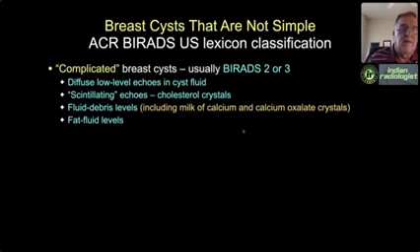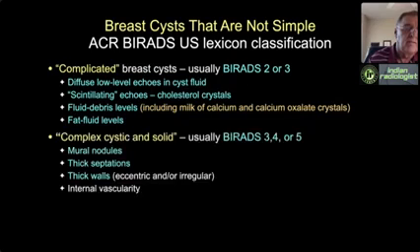Now, in the ACR BI-RADS ultrasound lexicon, complicated has one connotation, and it needs to be distinguished from complex. And in fact, in the last version of BI-RADS in 2013, edition 5, we took away the word complex and we made it complex, cystic, and solid, because people frankly couldn't remember whether complicated or complex was worse.